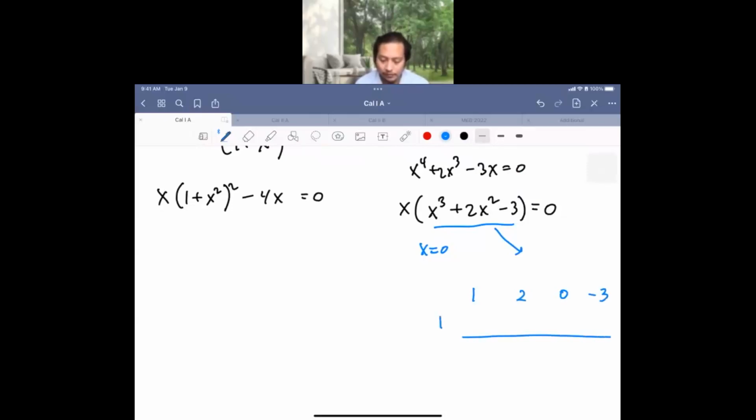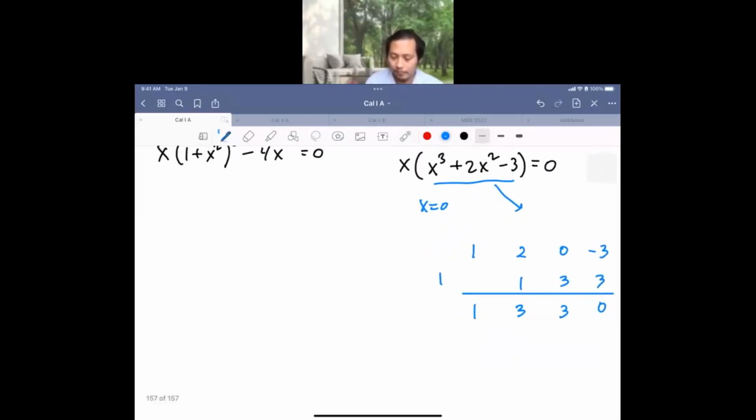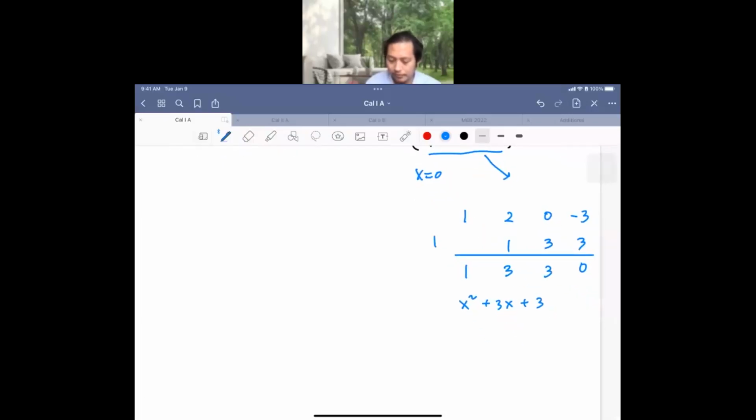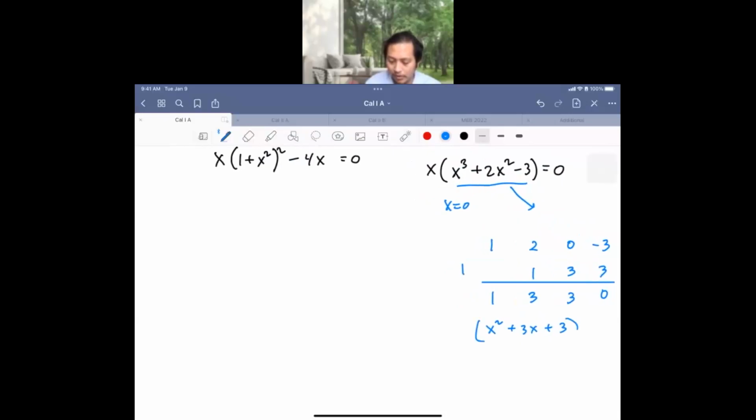If we take 1, then this will be 1, this will be 3, 3, and 0. We still get a good result, I think. So it will be x squared plus 3x plus 3, times x minus 1.